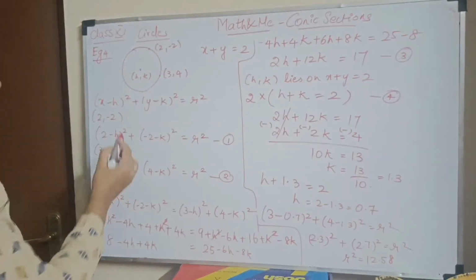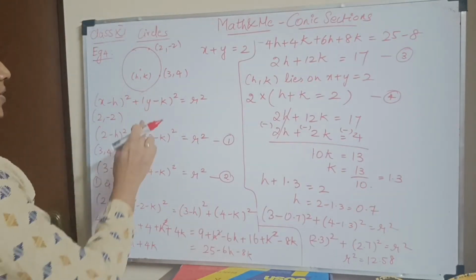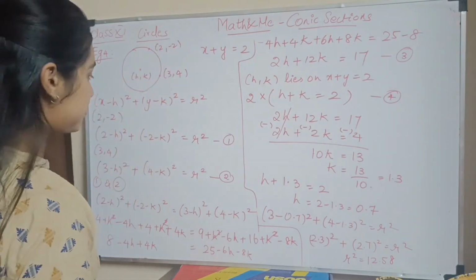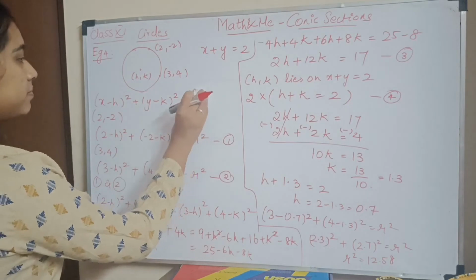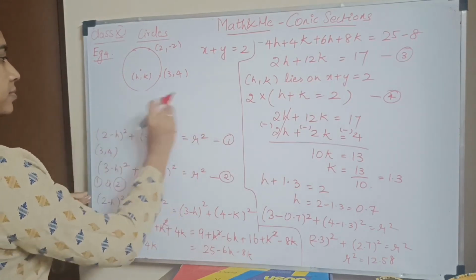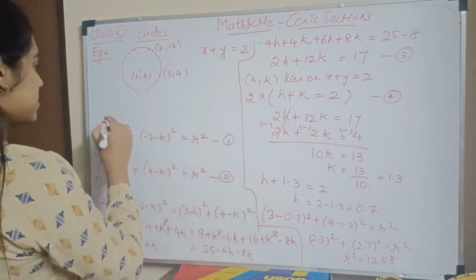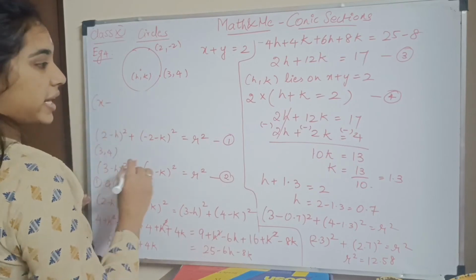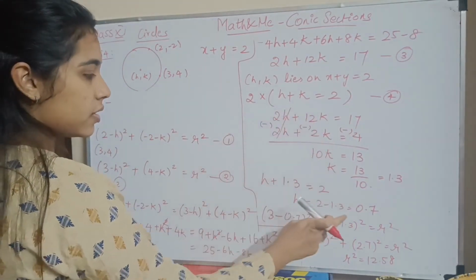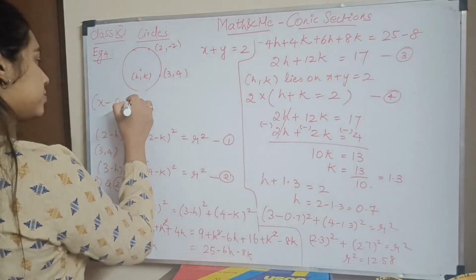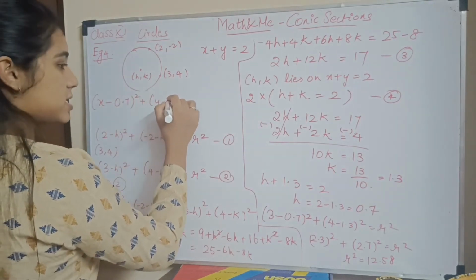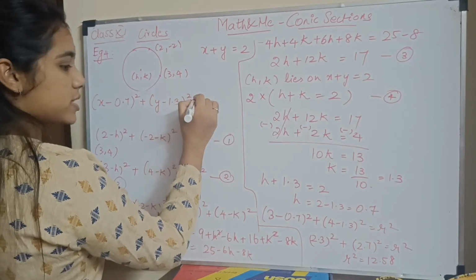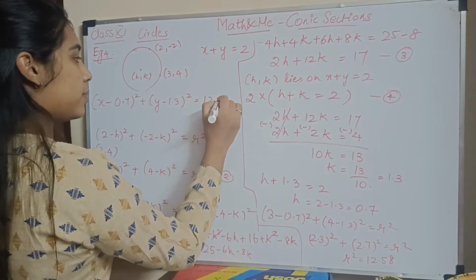Now what is my final equation of the circle? I'll erase this part of the board. So what is my final equation? My answer would be (x minus, what is my h? 0.7) the whole square plus (y minus 1.3) the whole square equals 12.58.